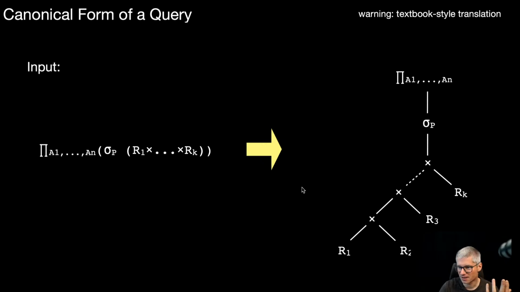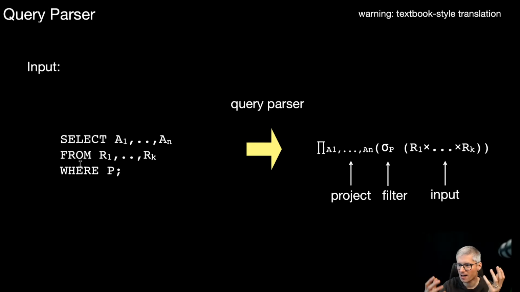Let me give you another idea. So basically someone is writing, saying, okay, relational algebra is awesome, so I translate whatever I have to relational algebra and depart from that.